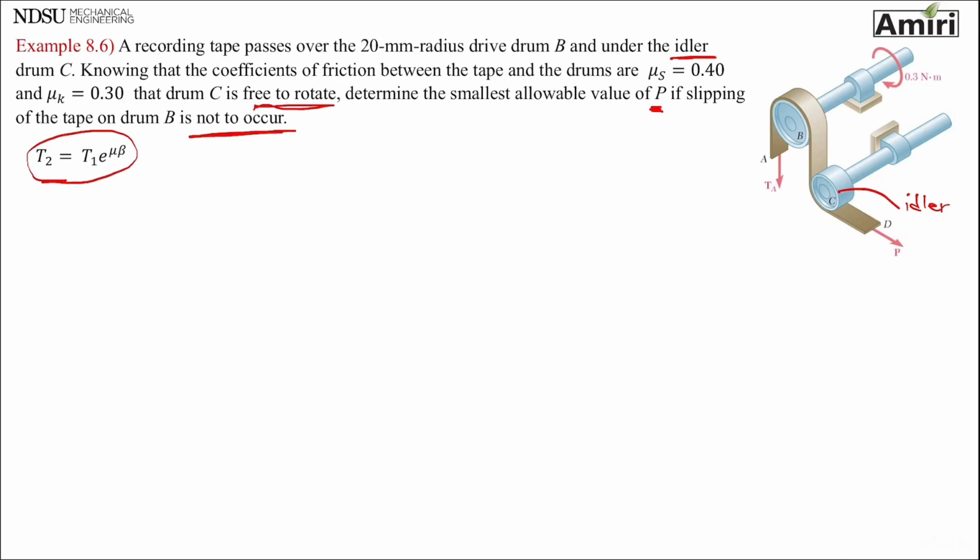Our main focus is going to be drum B. If I want to write a free body diagram, it is going to have a moment of 0.3 Newton meters. I can put it on the drum, doesn't matter.